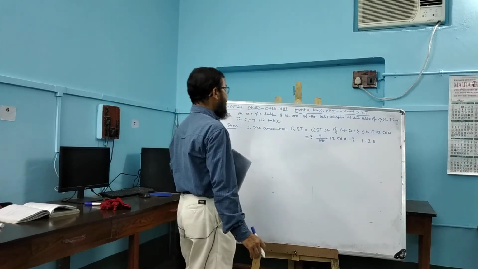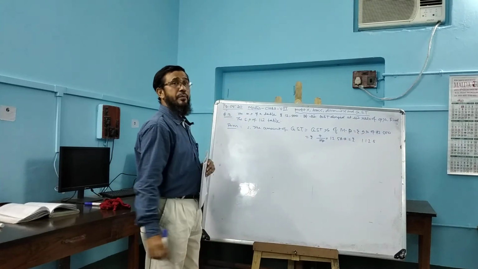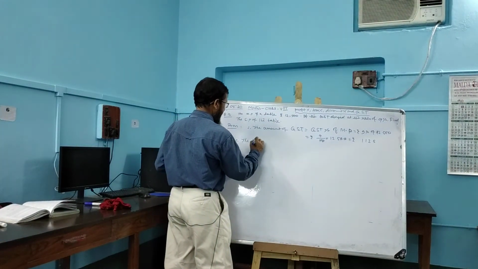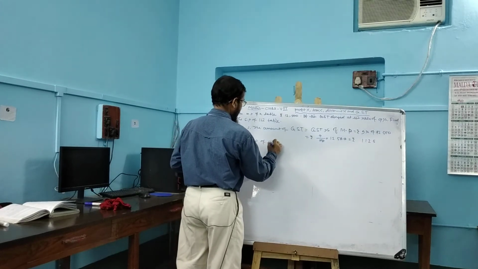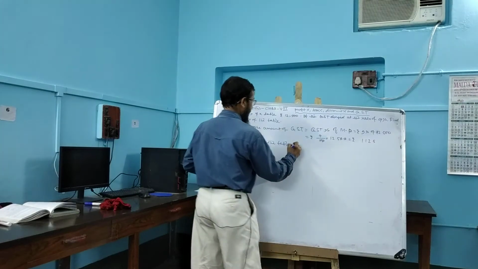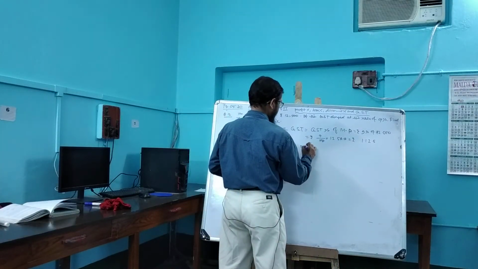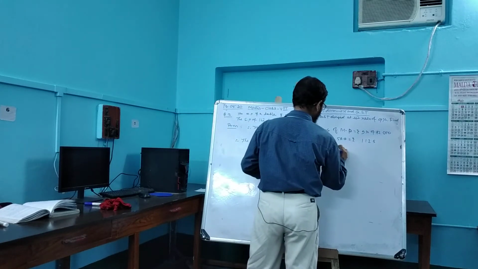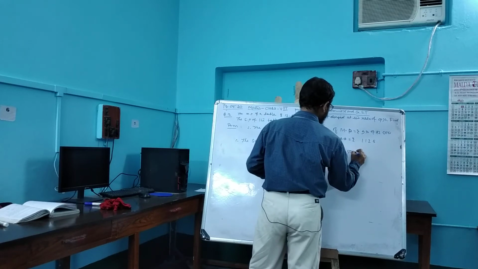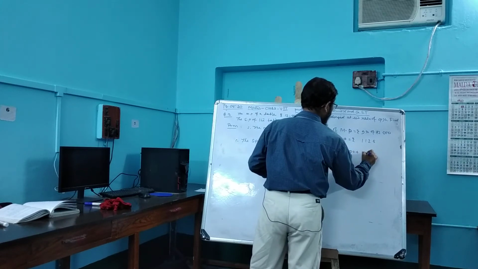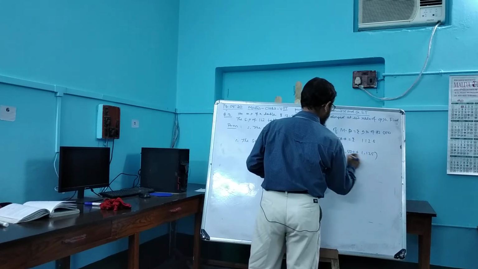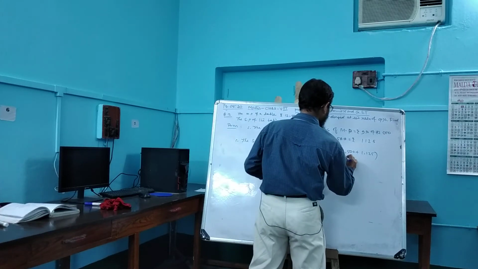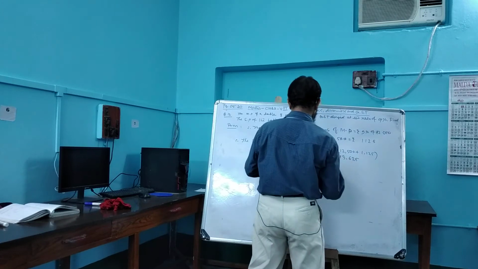This GST should be added with the mark price, that will be the selling price. Therefore, the SP or selling price of the table is equal to MP plus GST, that's equal to rupees 12,500 plus 1,125, that's equal to 13,625.